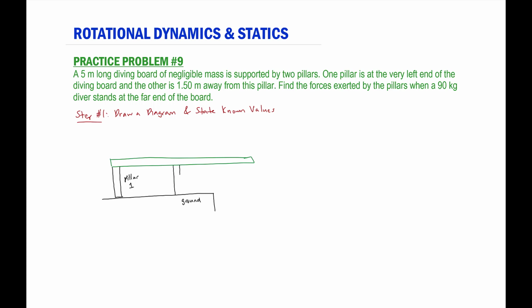And there's going to be a second pillar here, which we'll call pillar 2. We know that the distance between these 2 pillars, let's call this D. Let's also label this as the dive board.